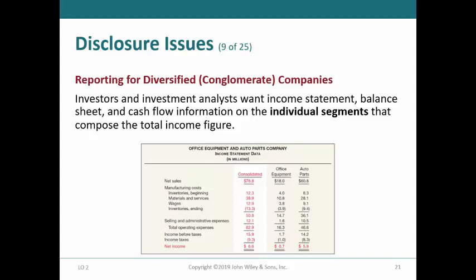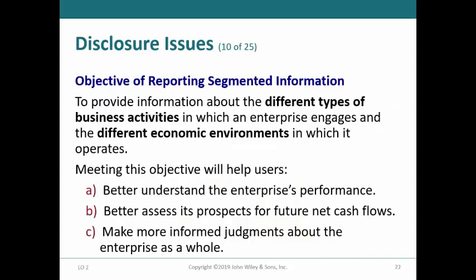Investors and other users of the financial statements benefit from having income statement, balance sheet, and cash flow information on the individual segments that compose the total income figure. Companies have been hesitant to disclose segment information for a variety of reasons, but there are also many arguments that support segment reporting. As we have noted, this information is some of the most important to users.